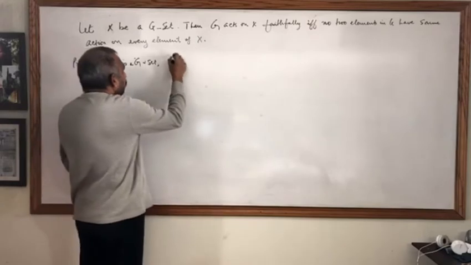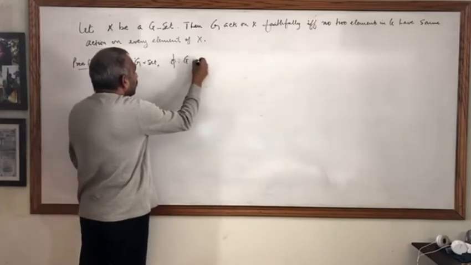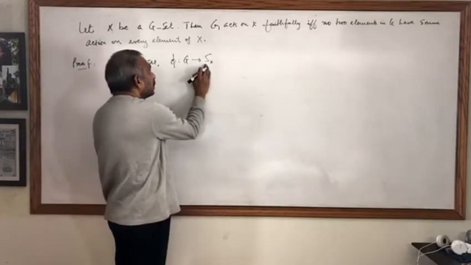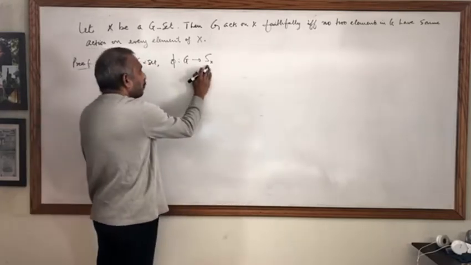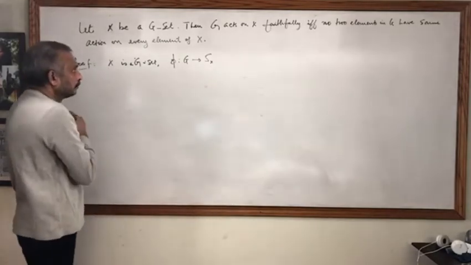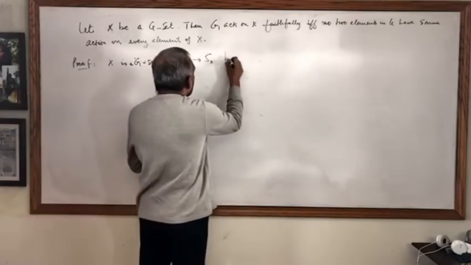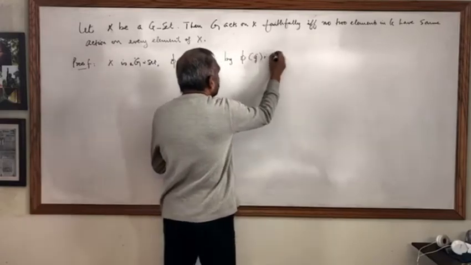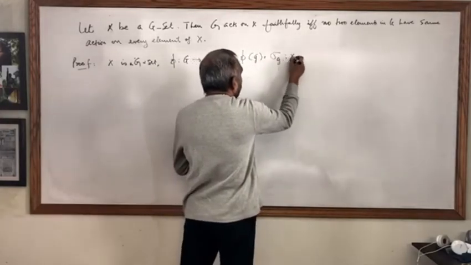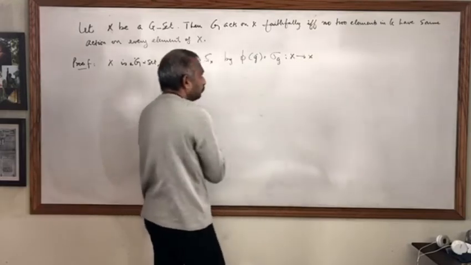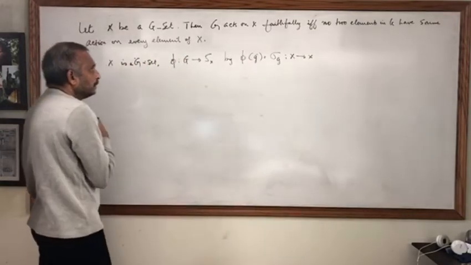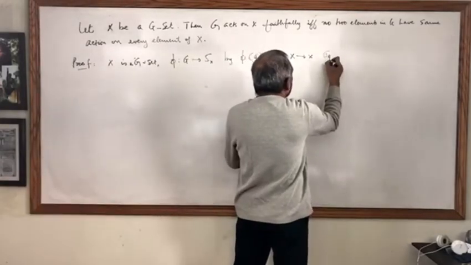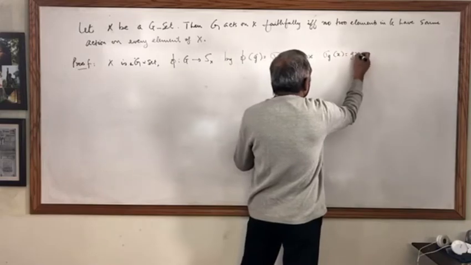Then we define a function from G to S_X, the group of all permutations on X, by phi of g equal to sigma_g, which is defined from X to X. This is a permutation and is defined by sigma_g of x equal to gx.